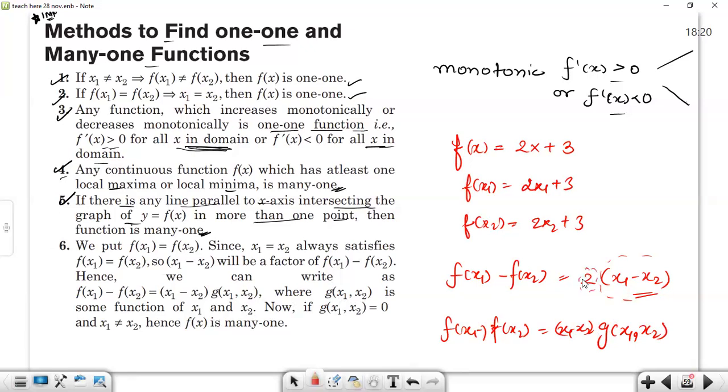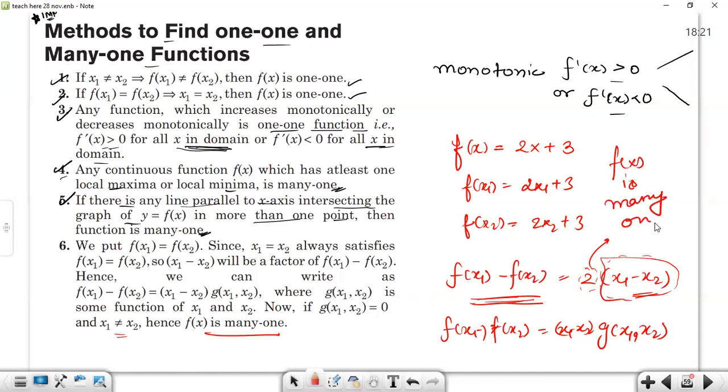Now if this becomes 0 and x1 is not equal to x2, hence f of x is many-one. Basically, it is saying that if we find f of x1 minus f of x2 and x1 minus x2 is not a factor there, and we are not able to factorize it out, then the function f of x is many-one.